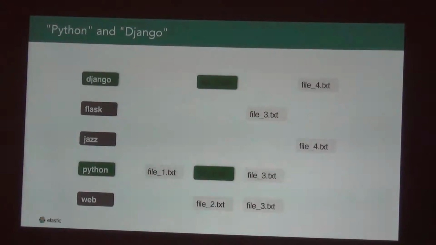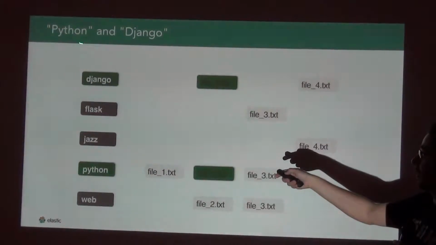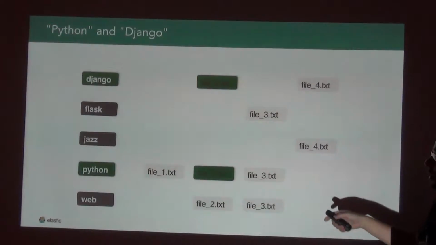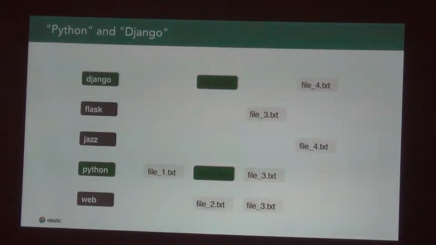So if we're looking for a document that mentions both Python and Django, all we need to do is locate those 2 lines that correspond to those 2 terms, and take the list of those files, so file 2 and file 4, file 1, 2, and 3, and just merge them together.